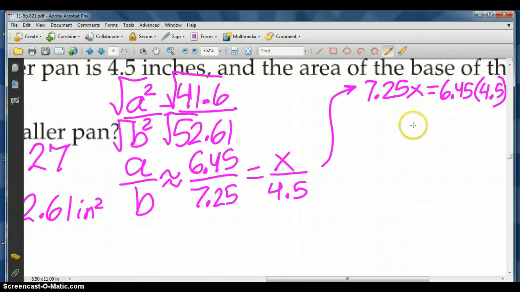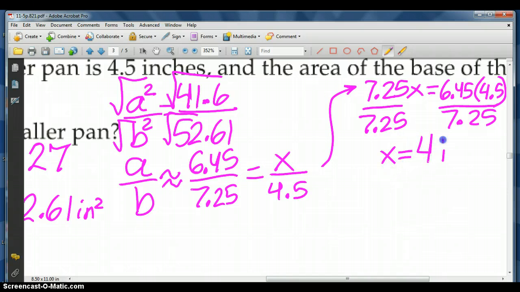Now from here, we would just need to divide by 7.25. And x is 4 inches. So the corresponding length on the smaller pan is 4 inches, if on the larger pan it is 4.5 inches.